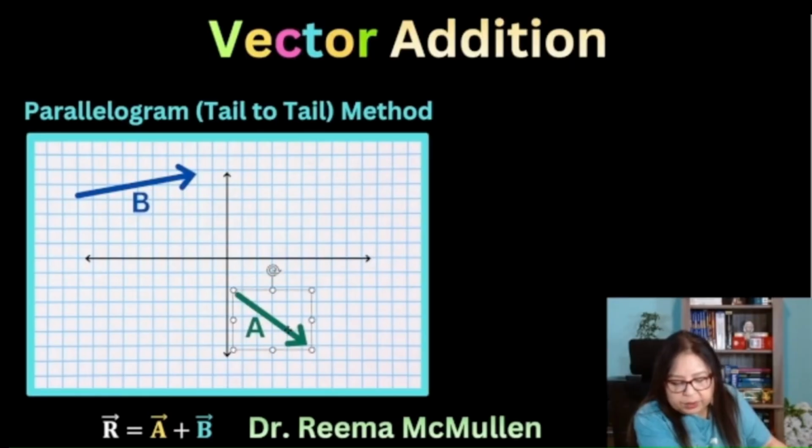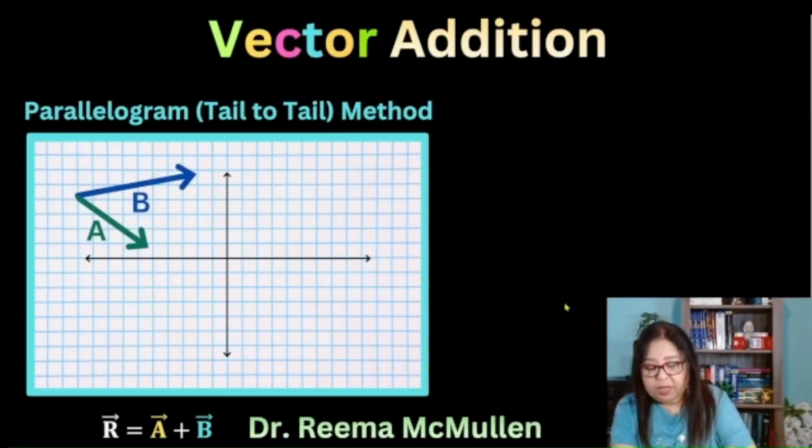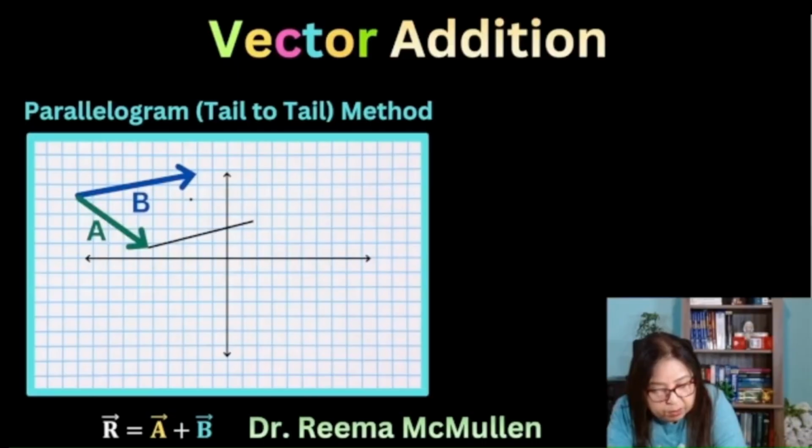Parallelogram law of vector addition. There we go. Like this. Now what do we do next? We complete the parallelogram using these two vectors as two adjacent sides of a parallelogram. So forgive me if I don't make a very good parallelogram here.